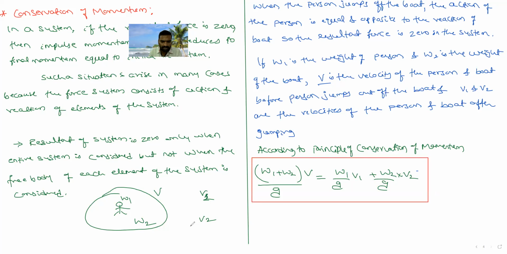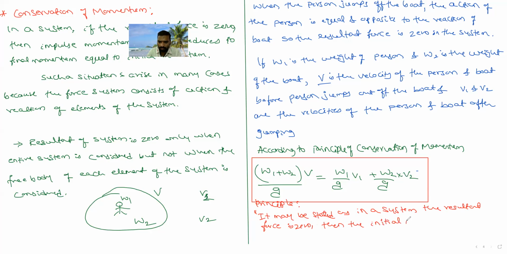Write this statement. Principle. It may be stated as: in a system, if the resultant force is 0, then the initial momentum remains equal to the final momentum.